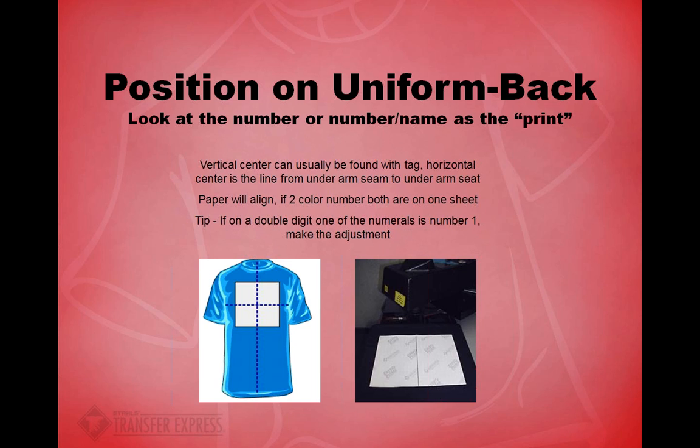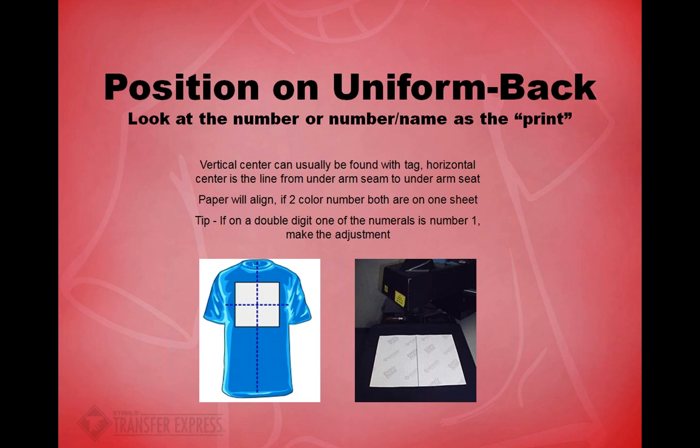Okay? So once you've put your 2 pieces of paper up against each other, the catch is to find the center of the back of your garment. You can find your vertical center by finding the tag. The tag on the inside of the garment is a perfect example of the middle of the back.